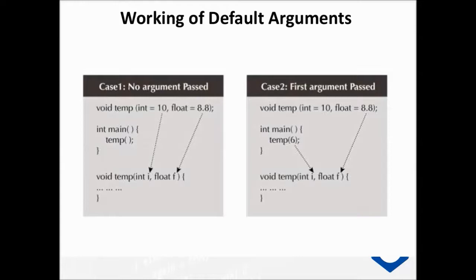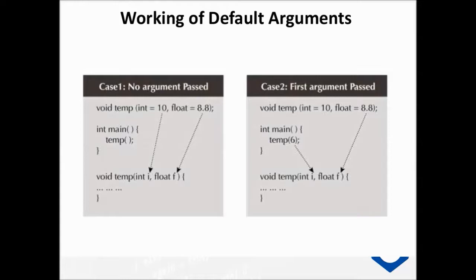In case 2, we have the same function temp, and into the arguments we write int is equal to 10 and float is equal to 8.8. In the main program, when we call this function temp, we pass only a single argument and we write temp of 6.